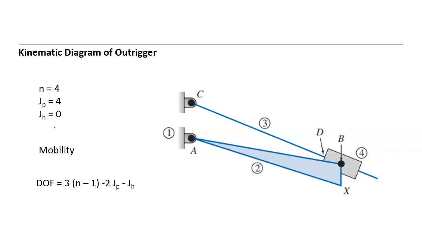The sliding here is a joint of higher order, and the degree of freedom is 3 times (n minus 1), minus 2 times primary joints, minus higher order joints. So then we have F equal to 1.